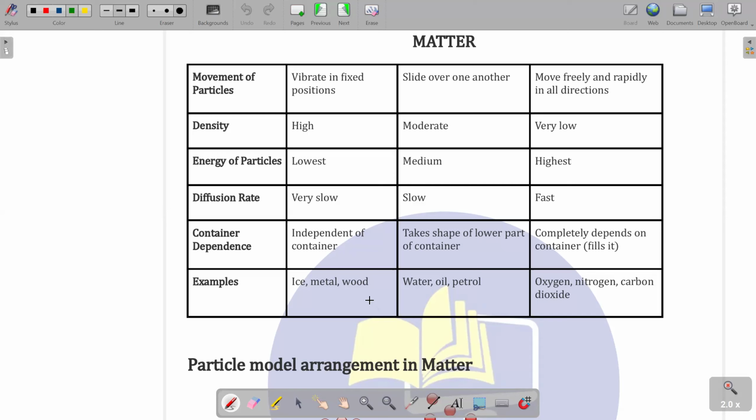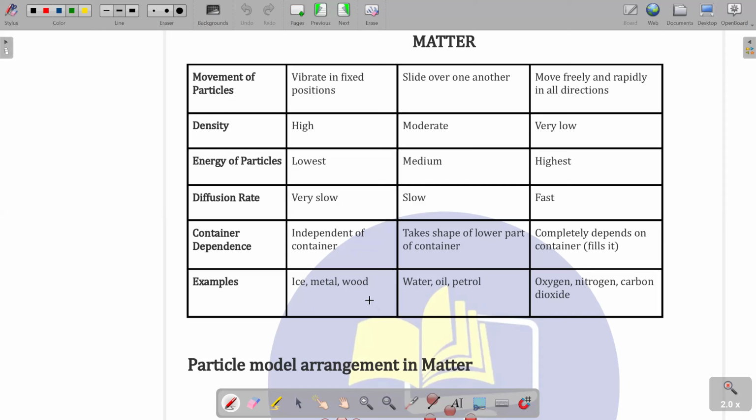Unlike gases, where the particles are very free and can rapidly travel in all directions, colliding with themselves and the wall of whichever container is holding them.